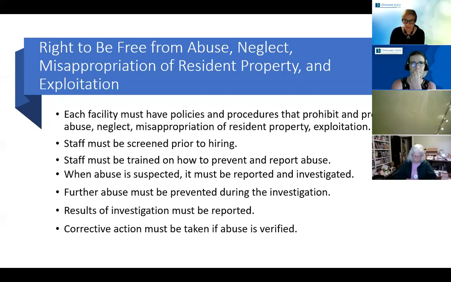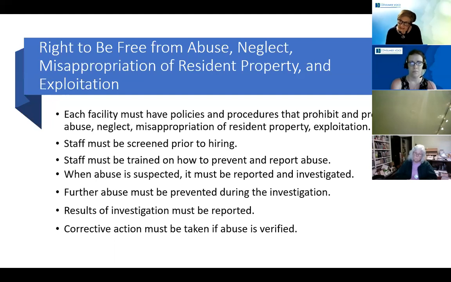And if you have an adult protective service agency that covers nursing homes, then to them as well. And it has to be investigated by the facility. So they have to report it right away. And then the facility has to conduct its own investigation.